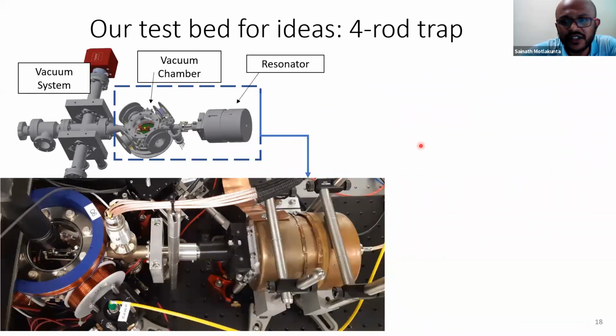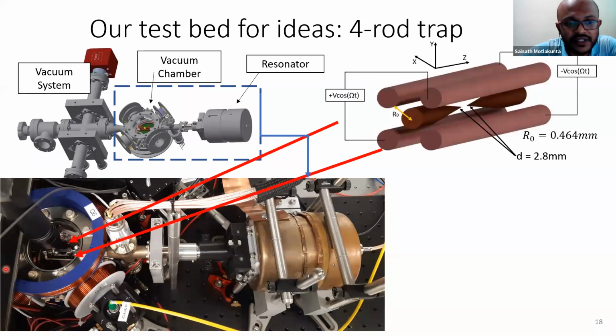Before introducing the details of the optical scheme, let me introduce our test bed ion trap called the Fourier trap. On the top, you have a CAD design showing various components such as vacuum pumps, vacuum gauges, and other electrical connections. On the bottom, we have a picture of the actual setup, which shows the vacuum chamber, magnetic field coils, and the resonator.